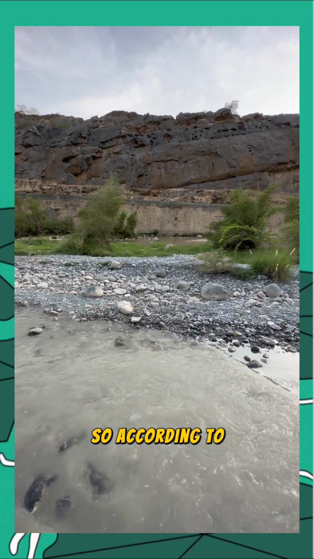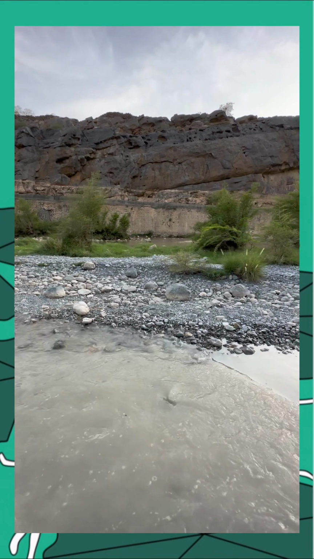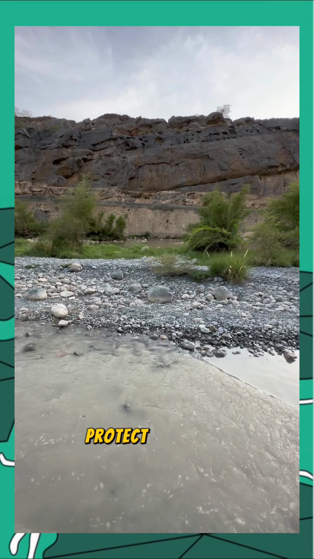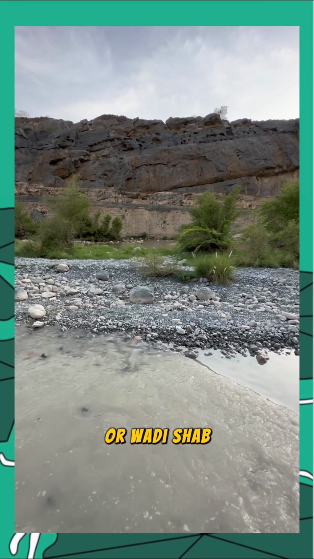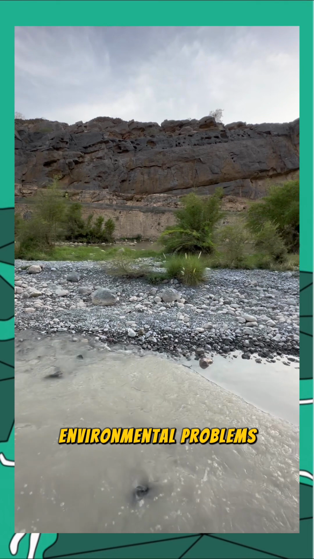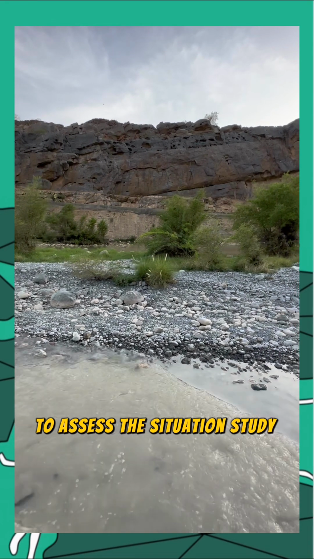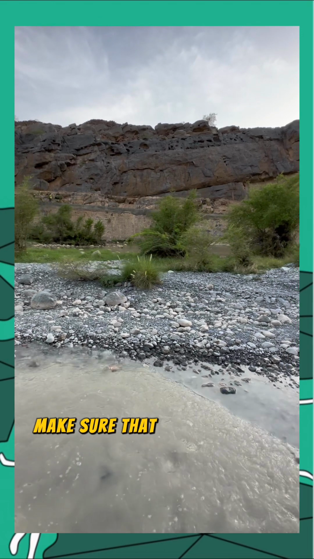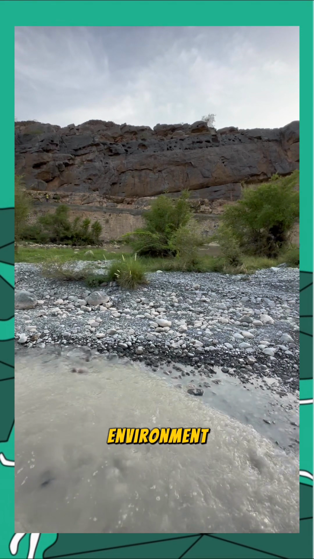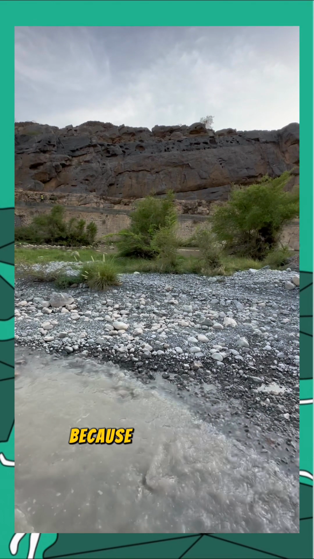So, according to your long experience, how can we deal with it? I mean, how can we protect Wadi Shab from many potential environmental problems? Well, we need to make plans, first of all, to assess the situation, study it, make sure that this plant does not damage the local environment, whether it is aquatic marine life or terrestrial life, because it is a wadi.